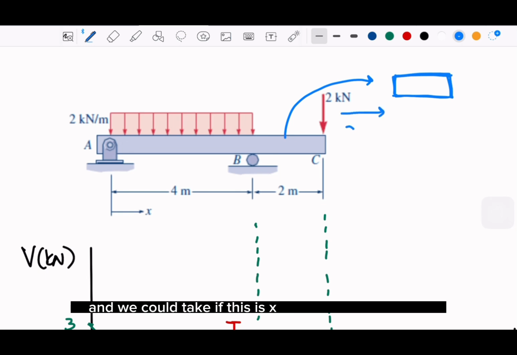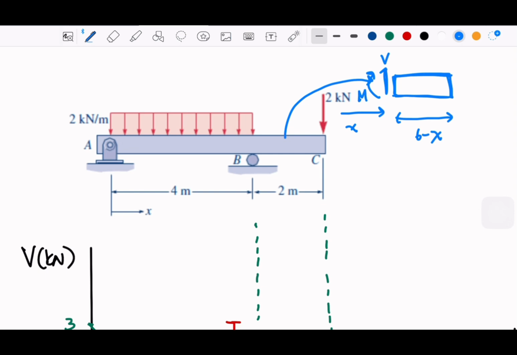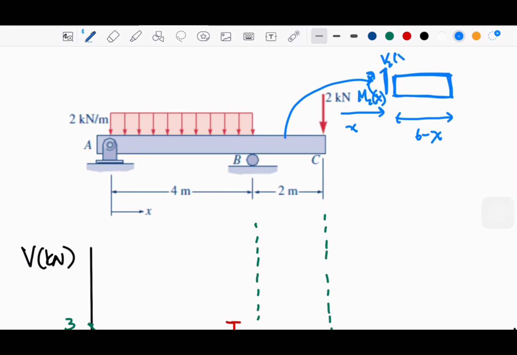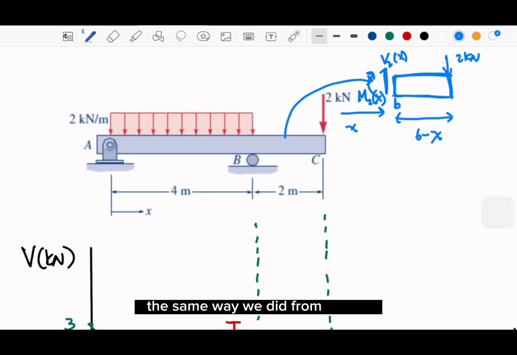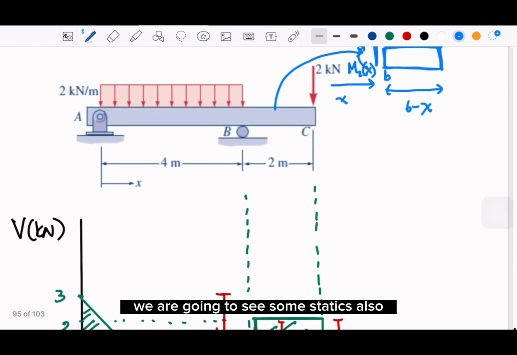If this is x, this will be 6 minus x, and then taking all of V and all the moment, let's say M2 for that one, and then let's say this is B and this will be the 2 kilonewton. The same way we did for this AB, we are going to see some statics also.